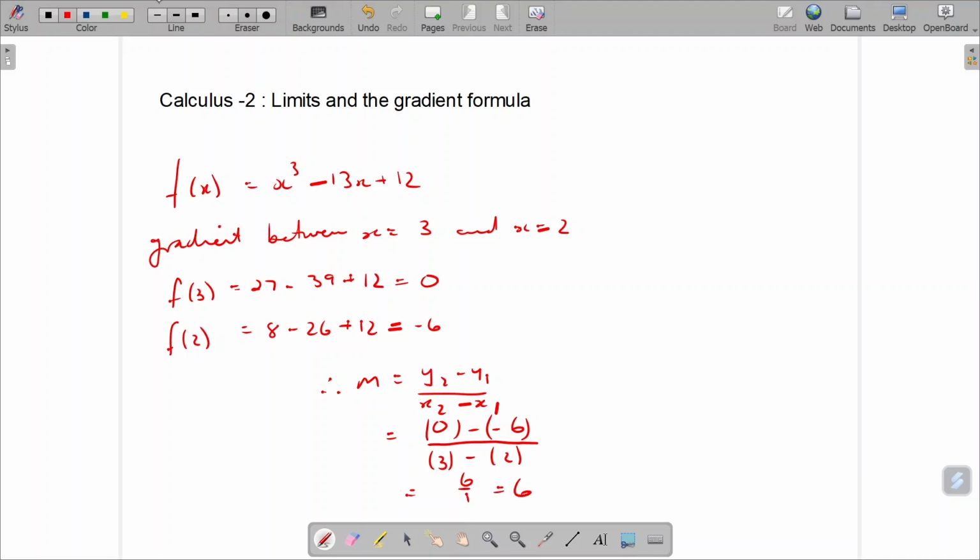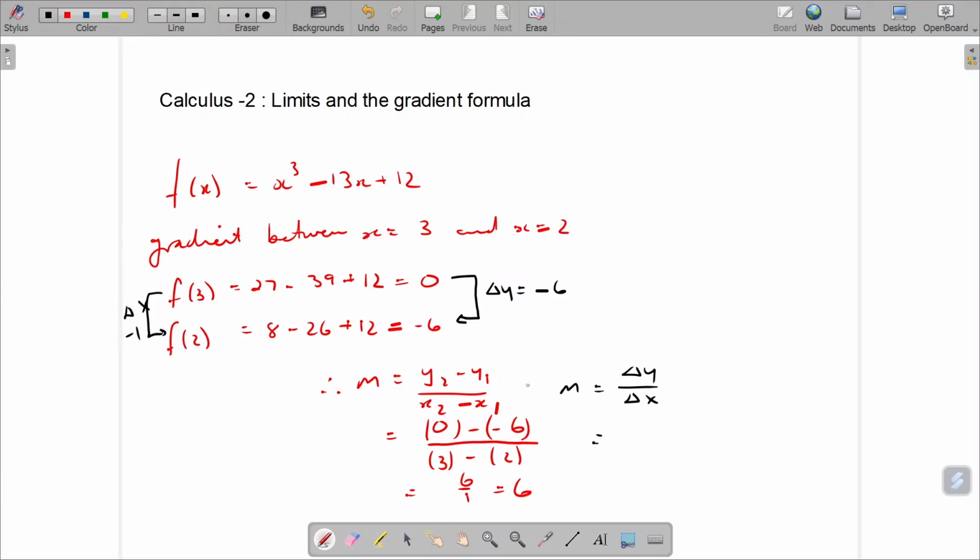Now, again, I know that many of you would want to say, but hold on, I would like to use the idea of m equals the change in y over the change in x. And I'd like to look at that for a moment, because we can see, hopefully, that here the change in y was minus 6, and here, because we went from 3 down to 2, the change in x was minus 1.